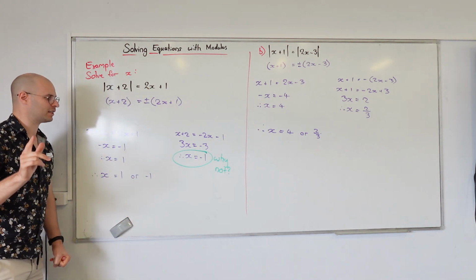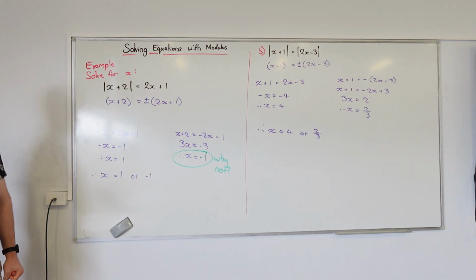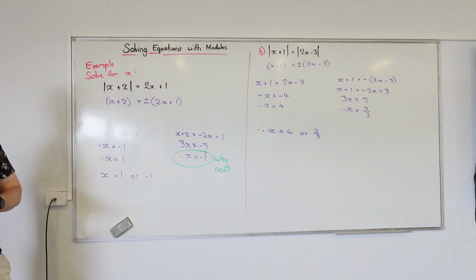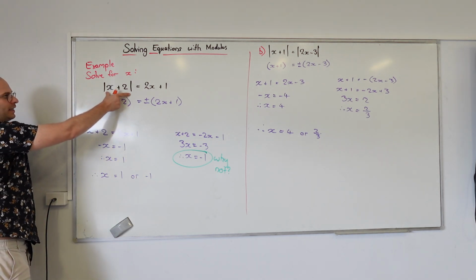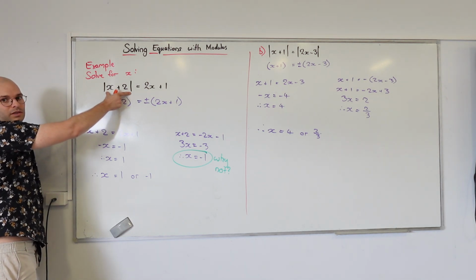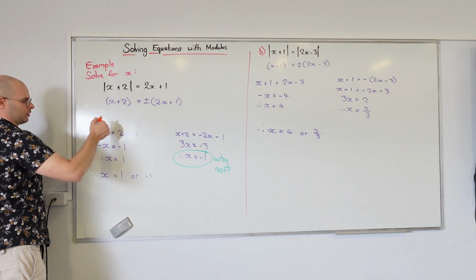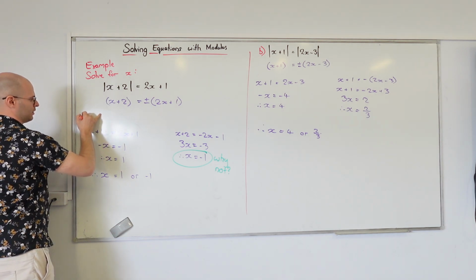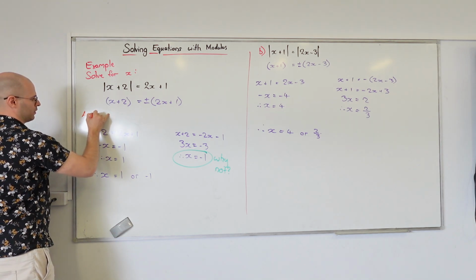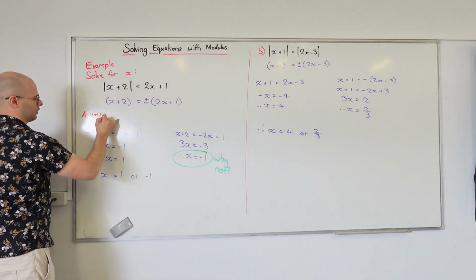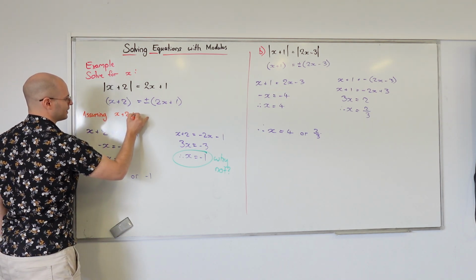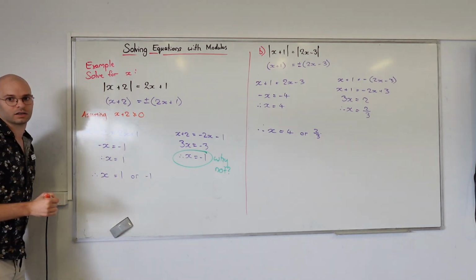Now, the question is, what assumption are we making when we split these two equations off? Think of the modulus here. What are we assuming about this modulus? It has to be positive. In this case, we're assuming that x plus 2 is greater than or equal to 0.